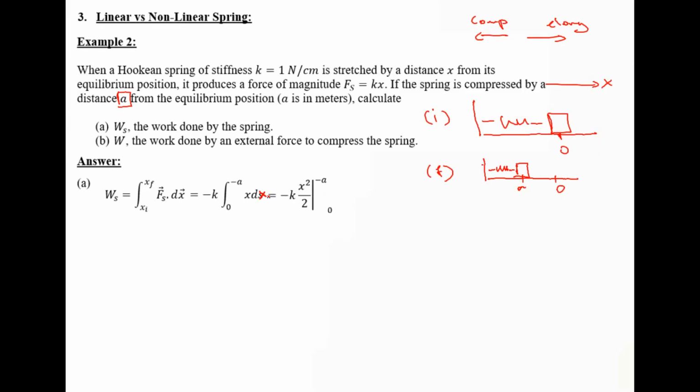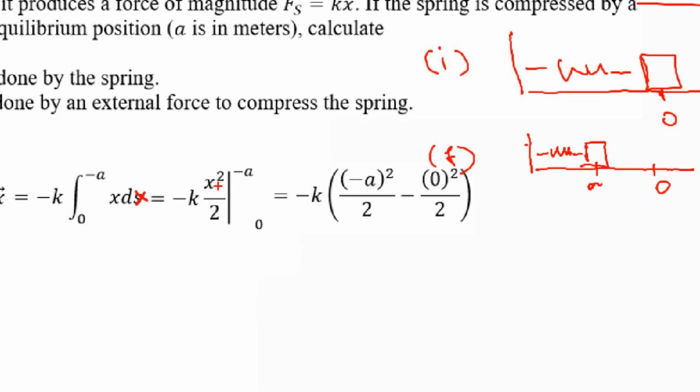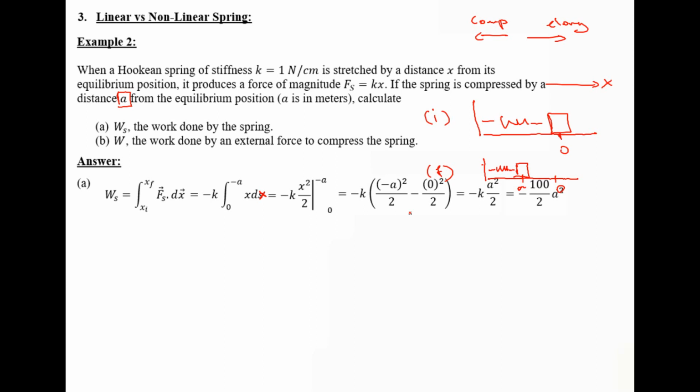So the integral of x would be x squared over 2 from minus a to 0. Minus k is a common factor, can be taken out. So replacing x by the boundaries, that would be minus a, and that would be 0. So that would be 0. And minus a to the power of 2 would be a squared.